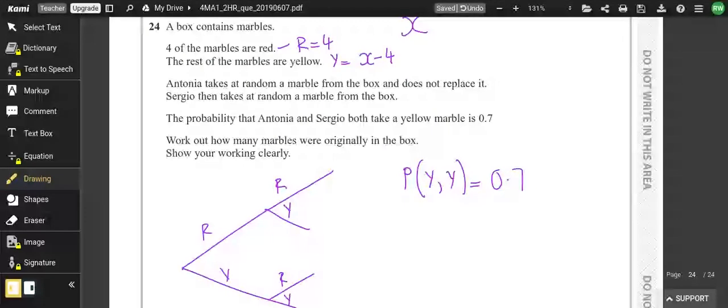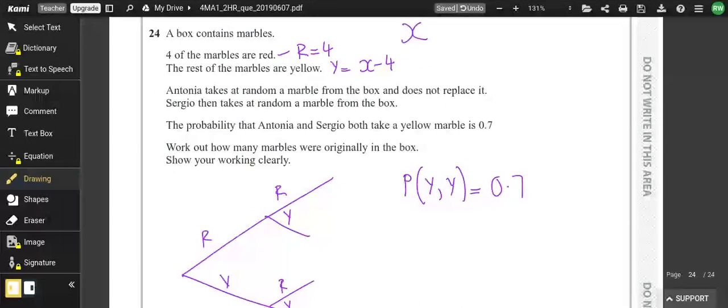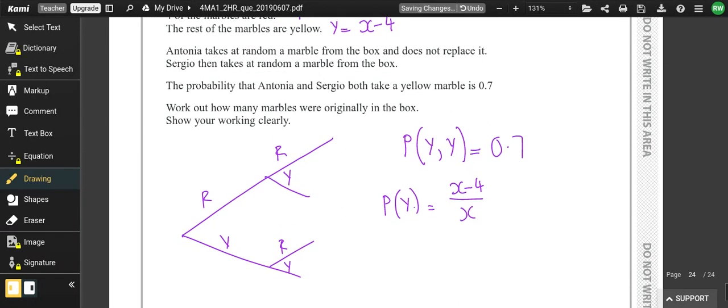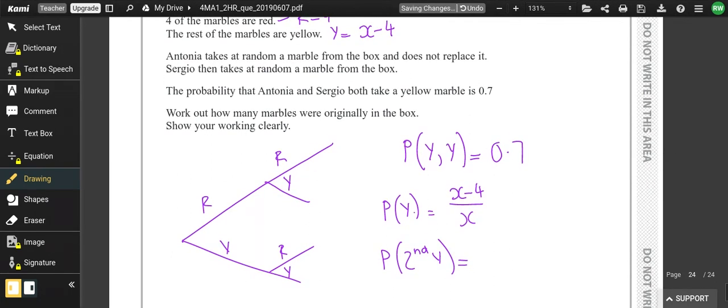Okay, so that's how we're going to start, by thinking of that in terms of x. So the probability of picking the first yellow would be the number of yellows, x minus 4, over the total, like that. And the second yellow is, well, we've got one fewer of the yellows.